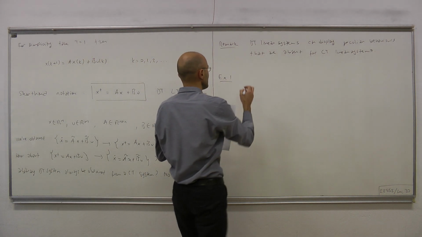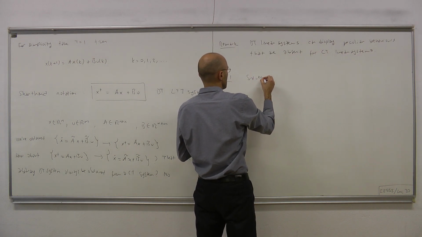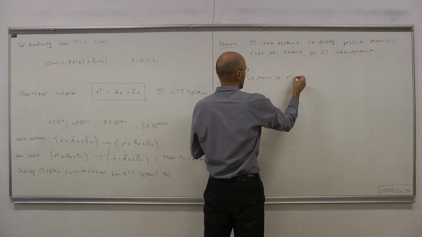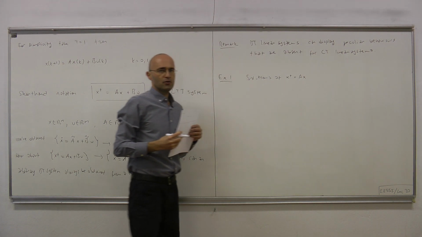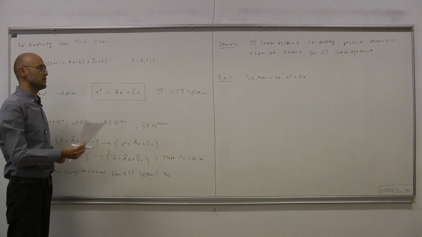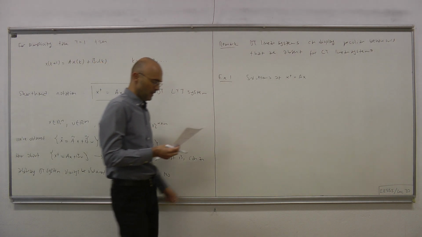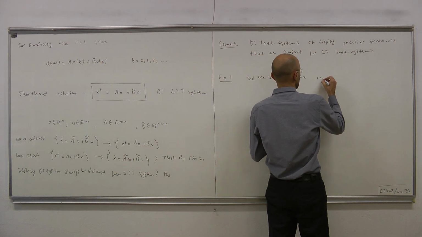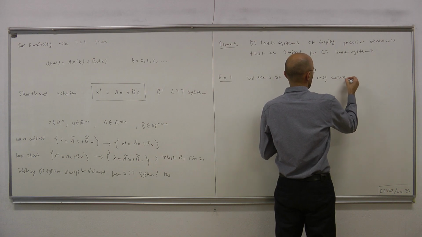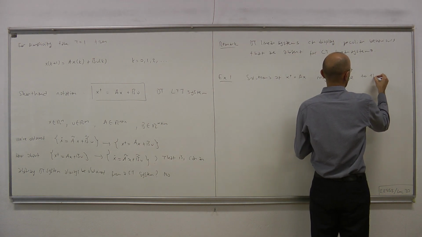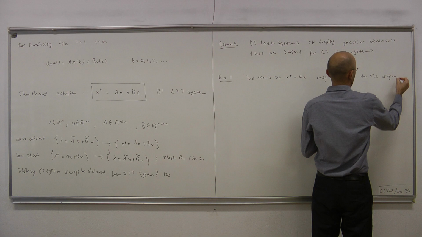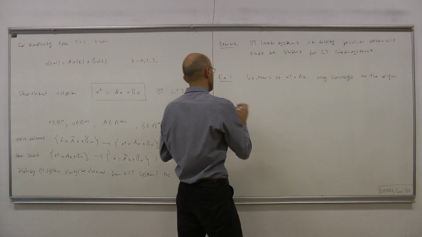Solutions of the autonomous LTI discrete time system x plus equals Ax, now we're considering the u equals 0 case, may converge to the origin in finite time.